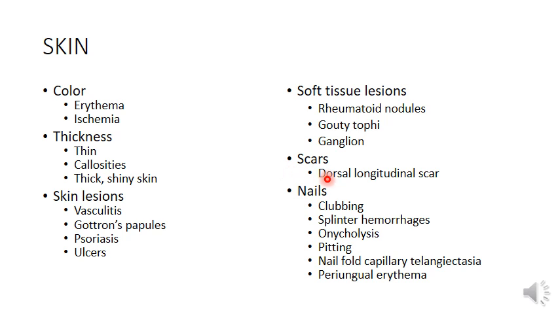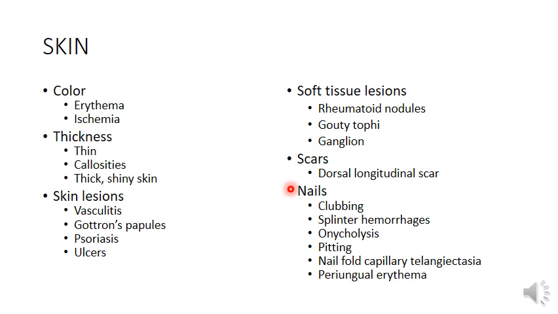For example, a dorsal longitudinal scar can indicate a wrist fusion surgery for rheumatoid arthritis, a tendon transfer operation, or a surgery over the metacarpals. In the hand examination, you need to examine the nails.